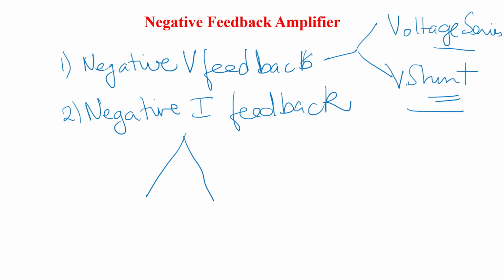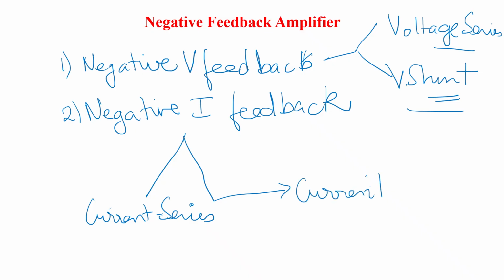In current feedback, the current fed back to the amplifier is proportional to the output current. If it is fed back in series connection, then it is called current series feedback, and if the current is fed in parallel to the input, then it is called current shunt feedback.